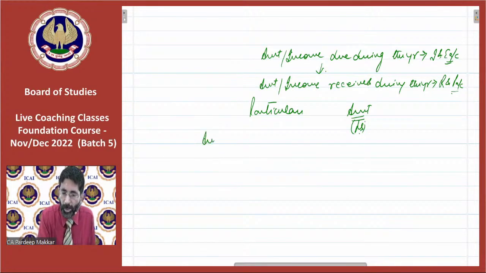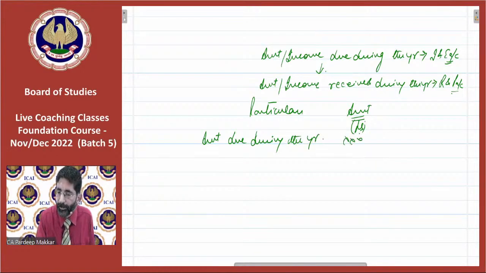If amount due during the year is given to you, that is the amount of income and expenditure account is given to you, what we have to do? We have to deduct out of it any amount which is outstanding at the end or accrued at the end, accrued but not received at the end.